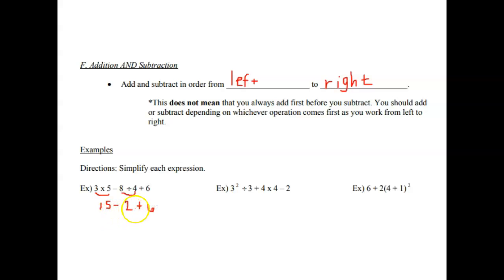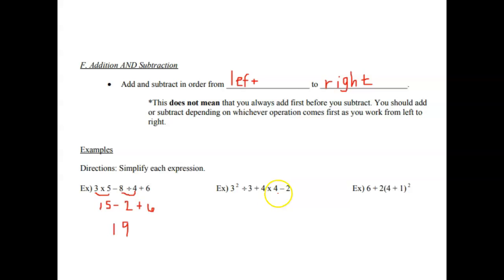And then I don't do addition first. I work from left to right because I'm just down to addition and subtraction. So I take 15 minus 2. 15 minus 2 is 13. And then I add 6 to that. 13 plus 6 is 19.